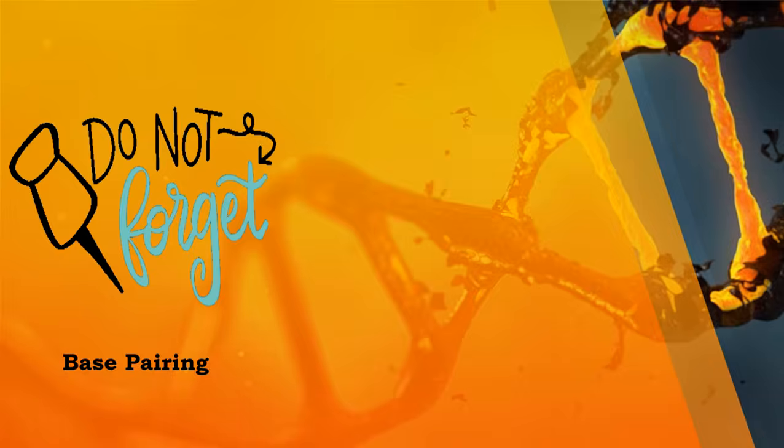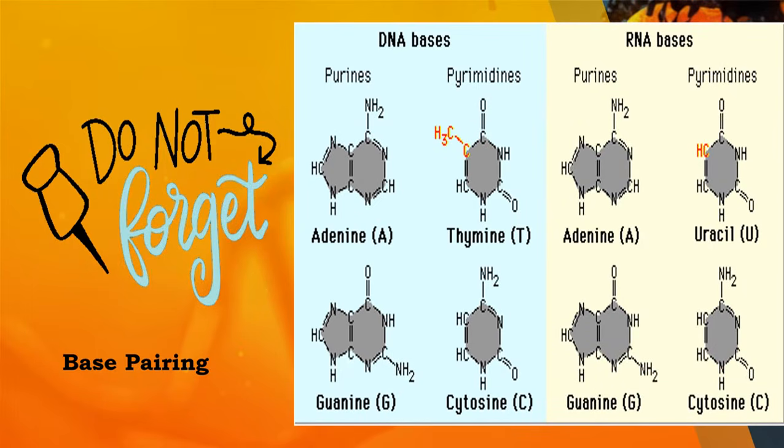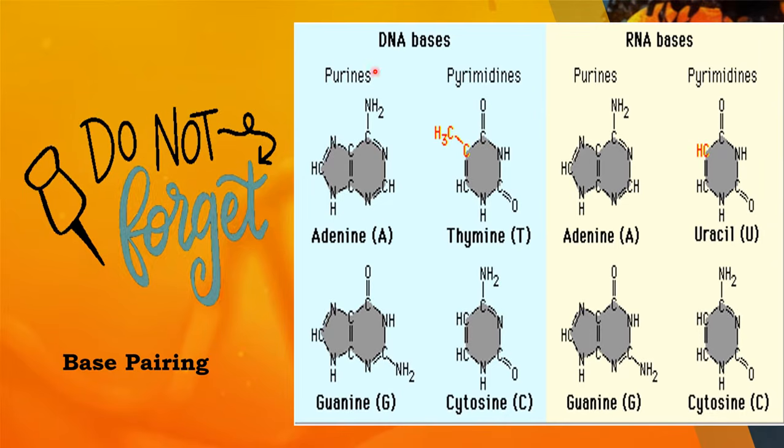Do not forget the base pairing of DNA and RNA. There are two kinds of nitrogenous bases, the purines and pyrimidines. Kung mapapansin ninyo, sa DNA bases at RNA bases, ang purines ay binubuo ng dalawang ring, while ang pyrimidines ay isa lamang. Purines include adenine or A and guanine or G. Same with RNA.